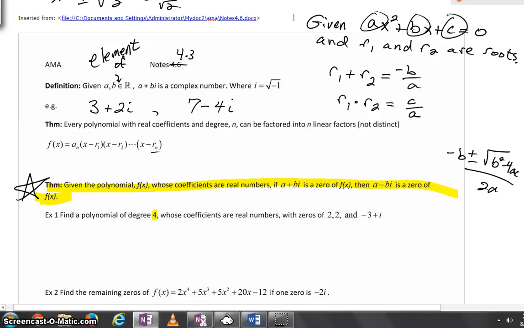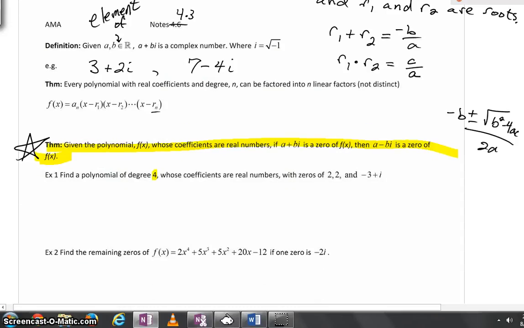So, tell you what, if we know this, we can do example 1 way quicker than what the author is suggesting. You see, the author is saying, could you name a polynomial of degree 4 for number 1, whose coefficients are real numbers of 2, 2, and negative 3 plus I.